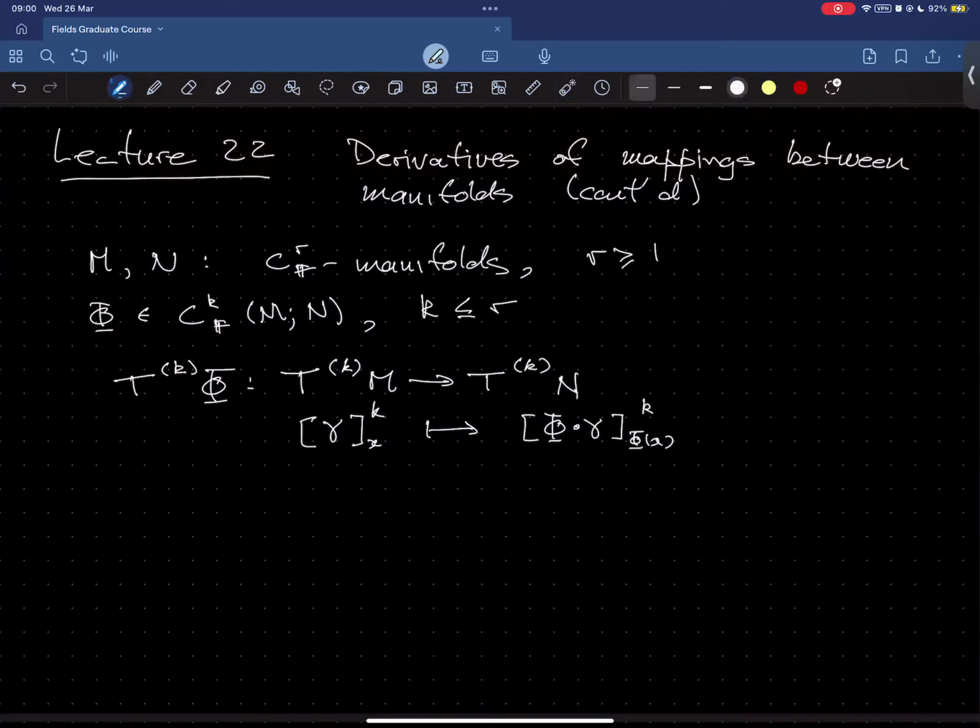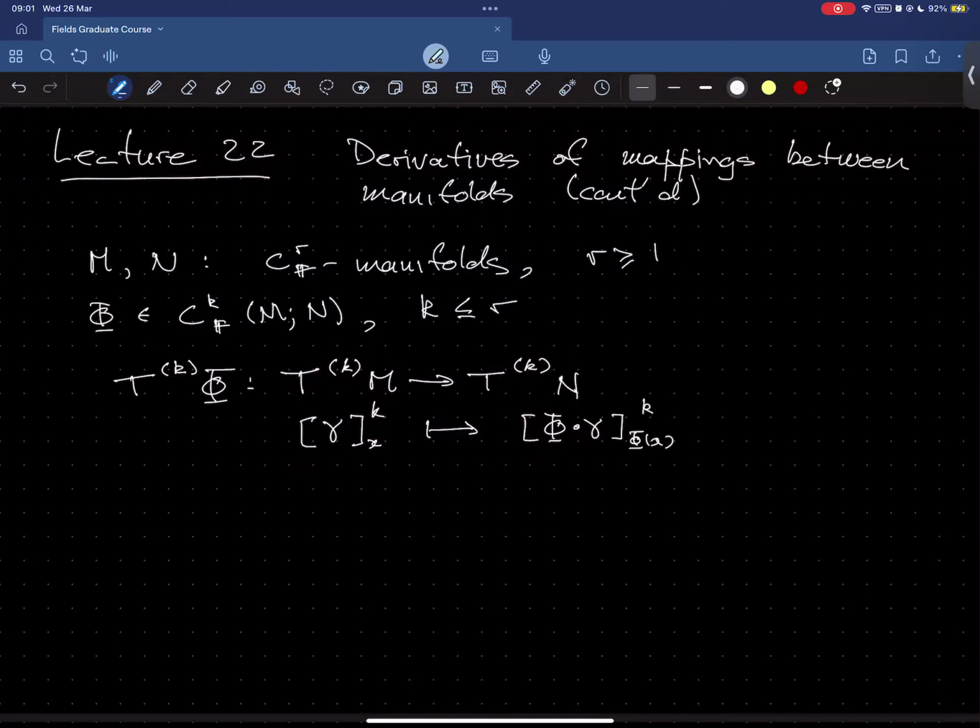And then you have what you can think of as being the kth derivative of the mapping phi, which maps the kth order tangent bundle of M to the kth order tangent bundle of N, and it's simply defined by, since these kth order tangent vectors are equivalence classes of curves, we define the mapping as a mapping between equivalence classes of curves, like this. Okay. All right, so we'll have some things to say about that today.